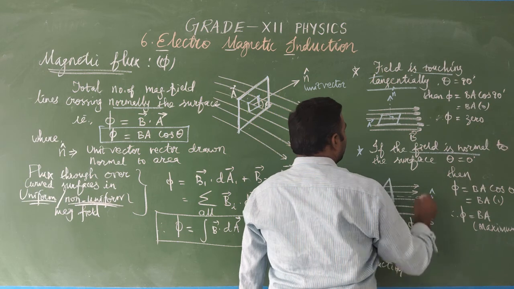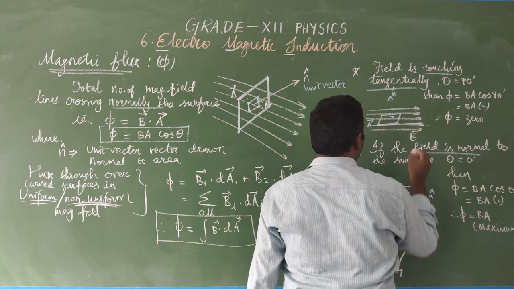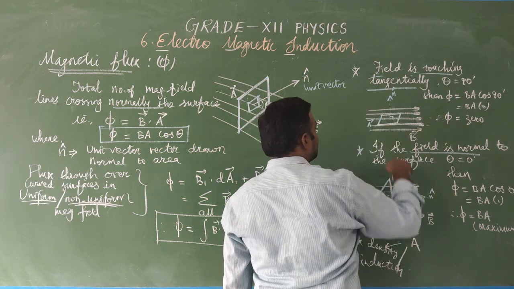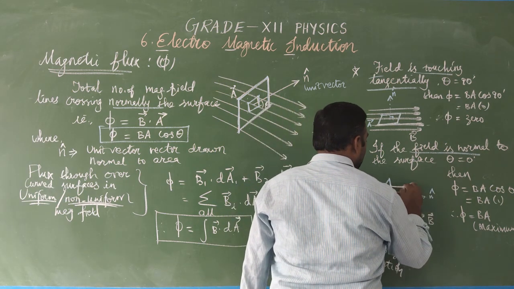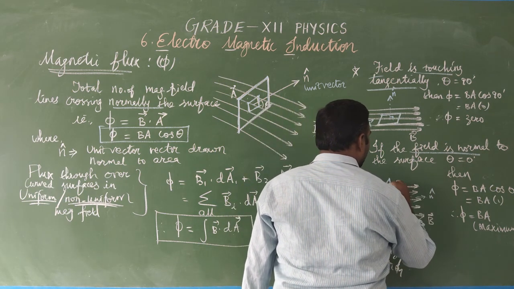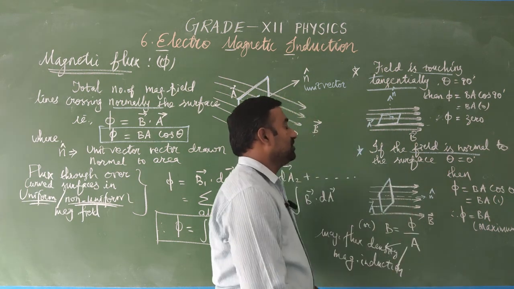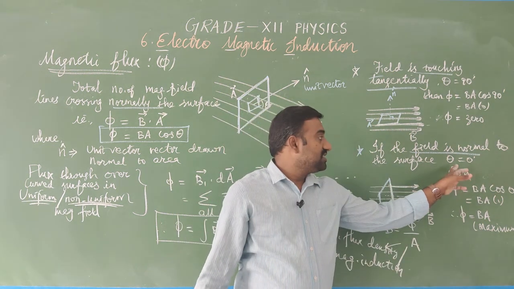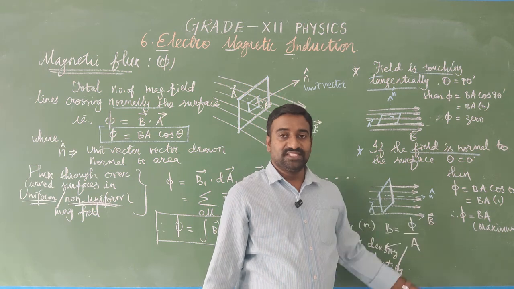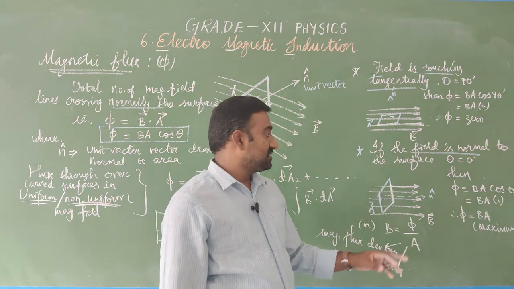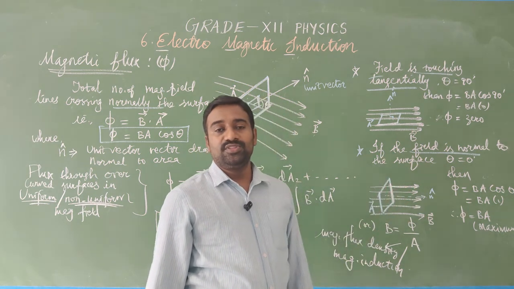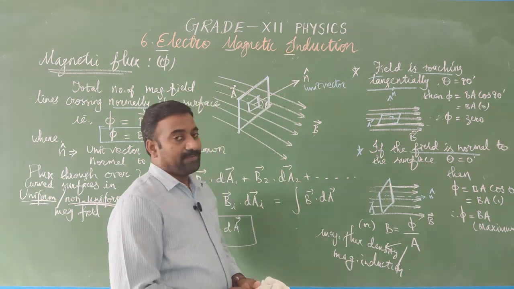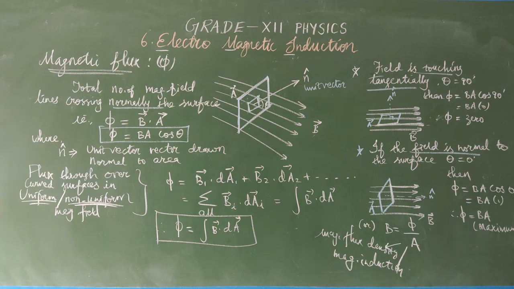If the field is touching tangentially to the surface, then theta is 90 degree. If the field is normal to every surface area, then theta is 0 degree, then flux is maximum. So to get the maximum flux, the external magnetic field should be touching normal to the unit area. Okay. Next, we are going to discuss some more points.